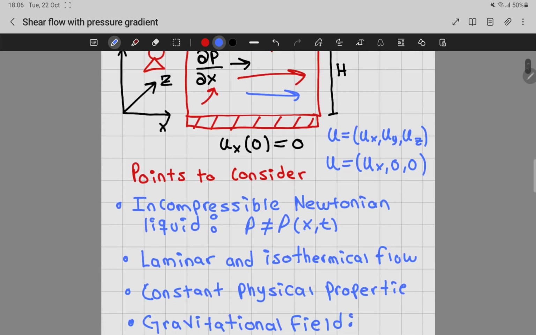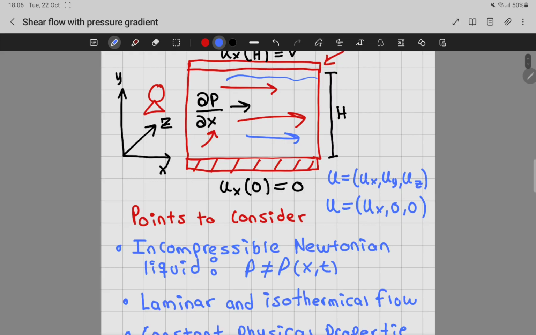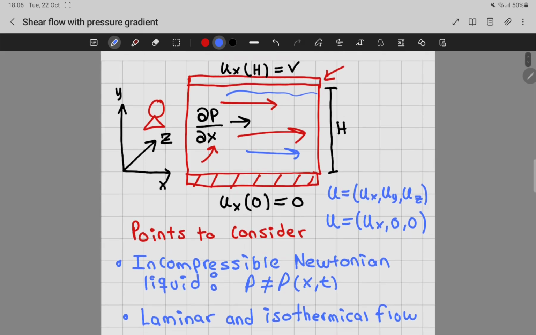So let's mention some points to consider in order to find the velocity profile. Our goal in this video is to find the velocity profile. So that means that we need to solve the Navier-Stokes equations for this flow.